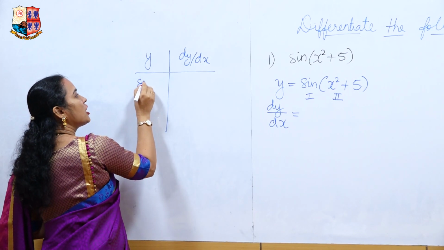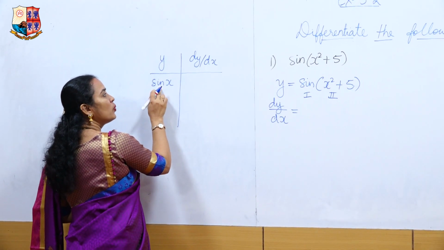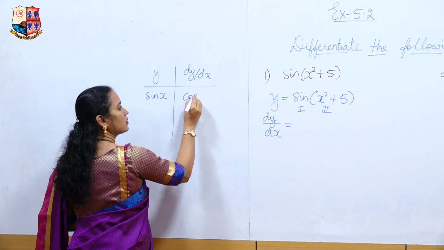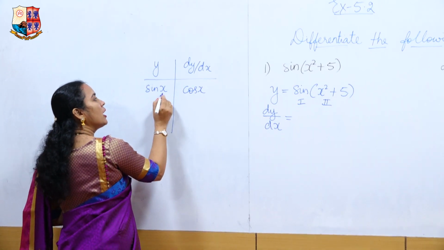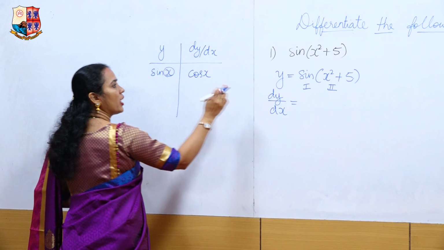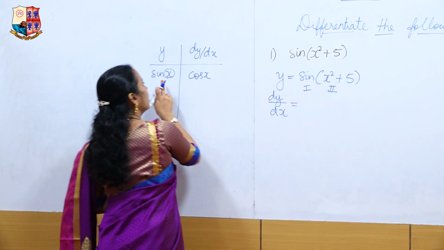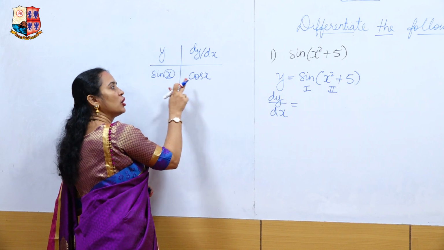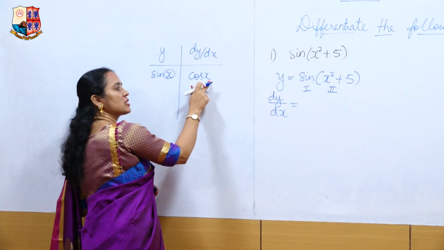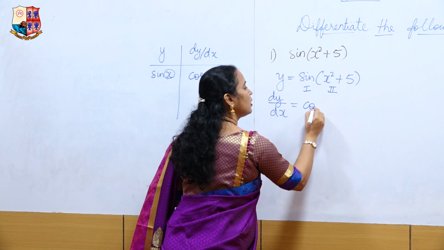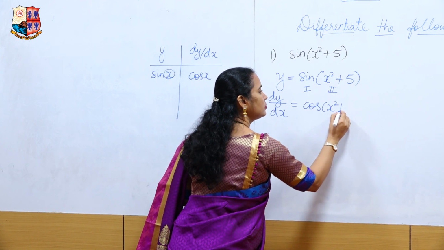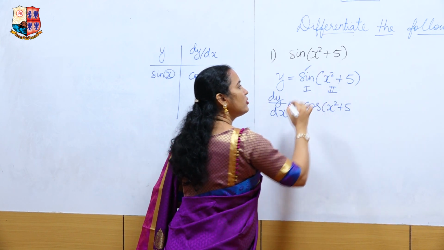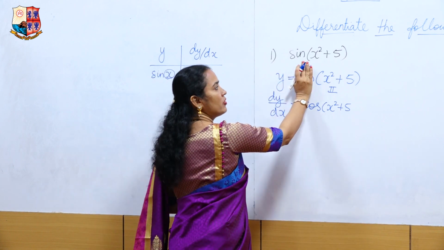When you differentiate sine x, you will get cos x. Now, in the place of x, you have x square plus 5. So, differentiate sine of x square plus 5, you will get cos of x square plus 5. So, write it down. Done with the first function, cover it up.